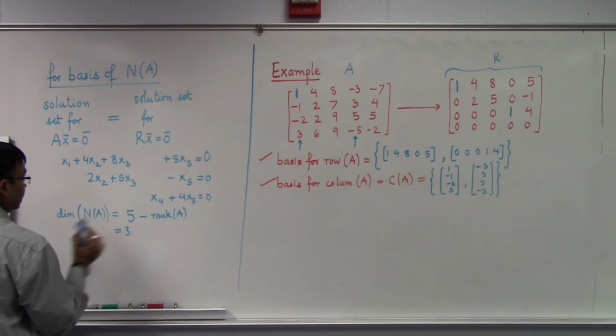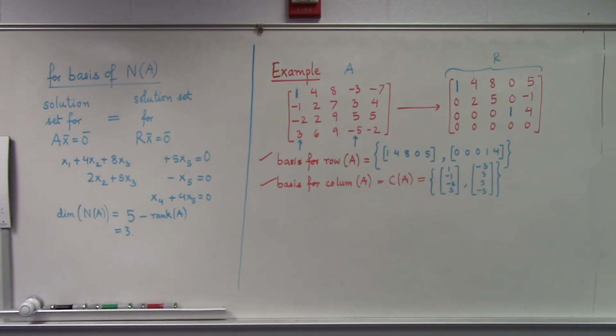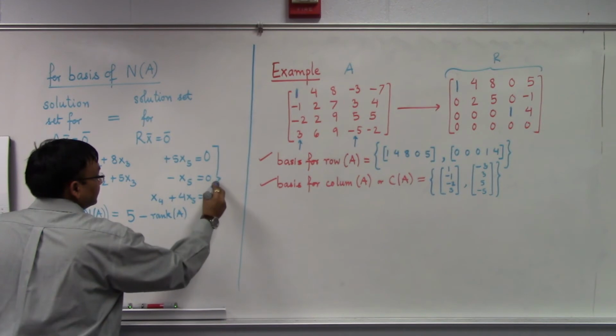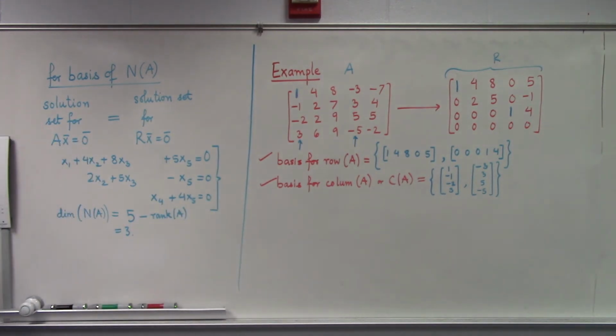So we know that the dimension of the null space has to be 3. So there should be 3 basis vectors which can possibly give us what we are looking for. The question is, what are those 3 basis vectors? And that is what we can achieve by solving this system of equations.